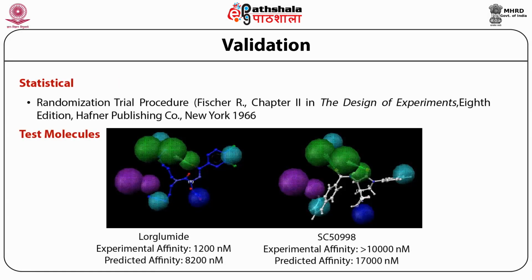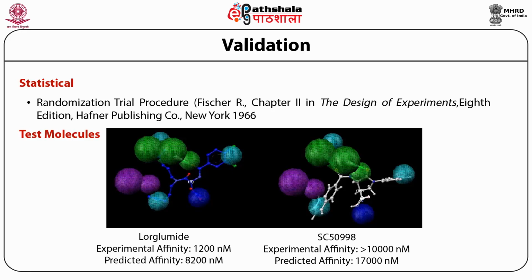Here is how we validate the model. The previous model was validated not only for the compound but also for the trial. Here is a test molecule shown with its affinity, and you can see that this compound has an experimental affinity of 1200 nanomolar, and the predicted affinity was found to be 8200 nanomolar.